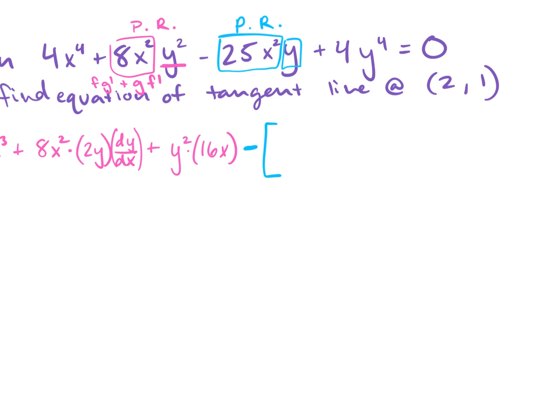So the first would be 25x squared times the derivative of the second. What's the derivative of y? Awesome. Derivative of y would be 1 dy/dx, plus the second, which is y, times the derivative of the first. What's the derivative of 25x squared? 50x. Perfect.